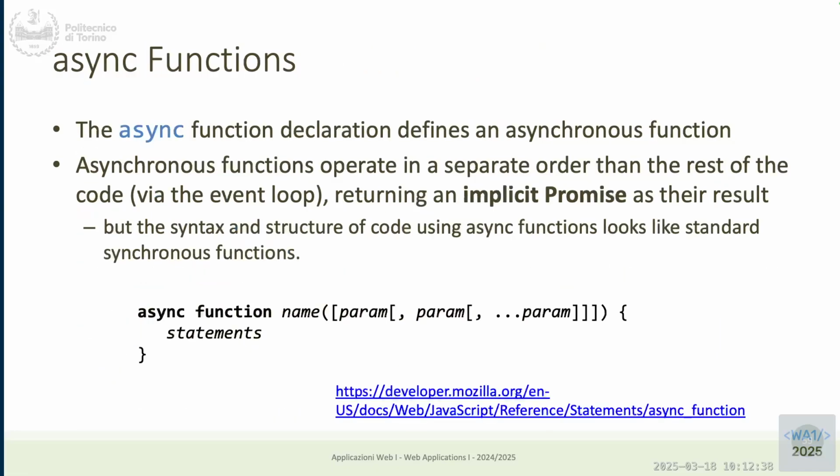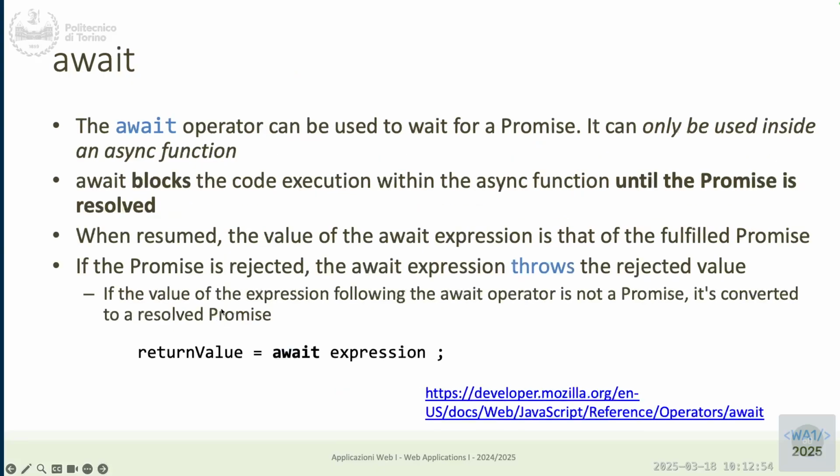Okay, so it's sort of creating an implicit promise. We don't create the promise object ourselves. It's automatically created when we call a function.